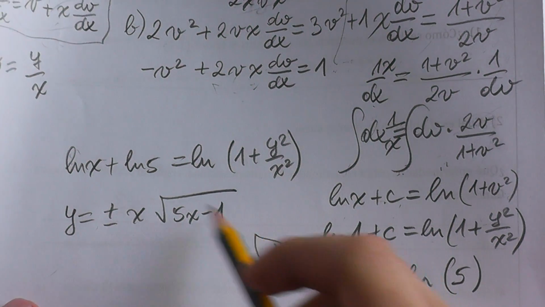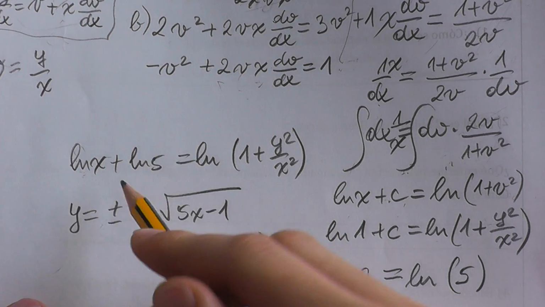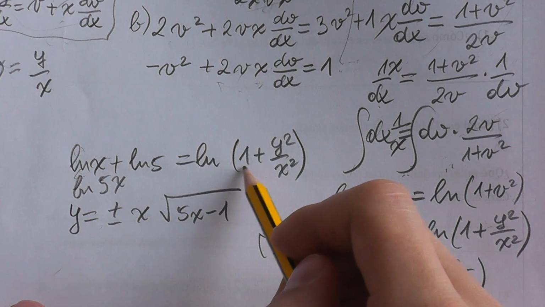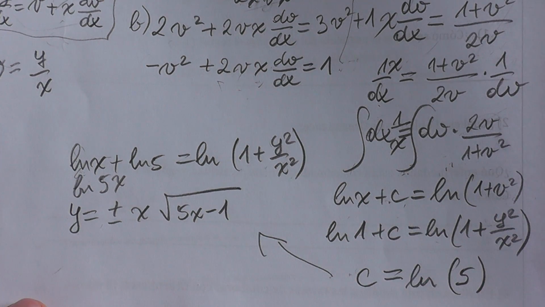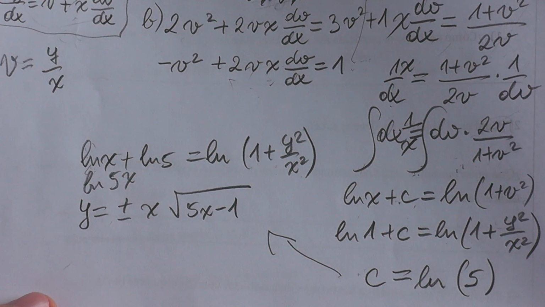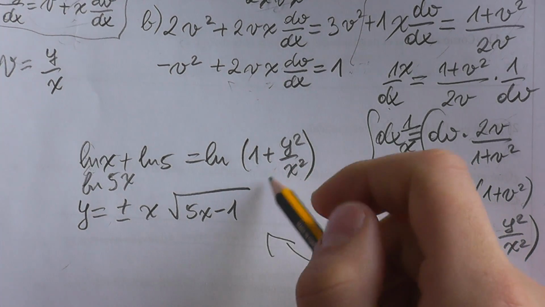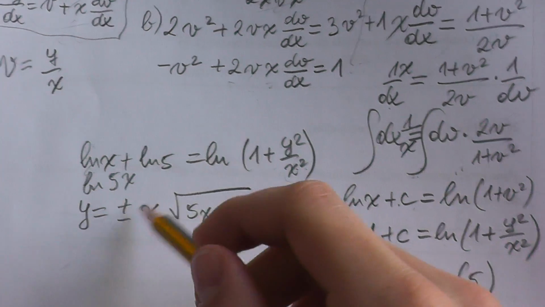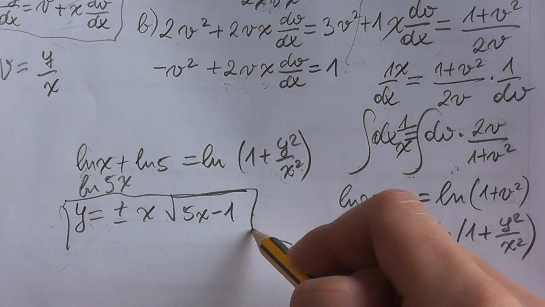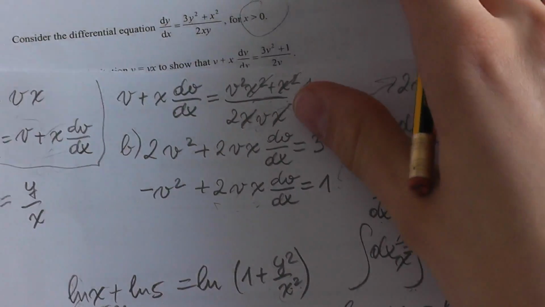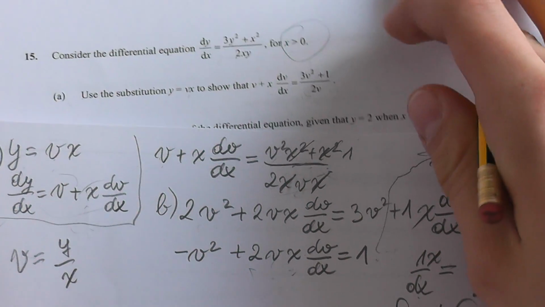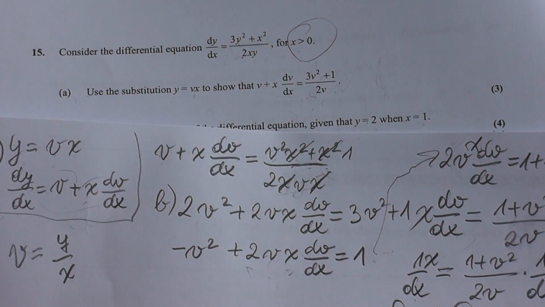All you have to do is say that this is equal to ln of 5x, and this is equal to ln of 1 plus y squared over x squared. When you work left, work right, and take the square root, you will get square root of x squared and then square root of 5x minus 1. So this is your answer. This is what the differential equation looks like. When you take the derivative of this, you would get this up here. That's your answer, right here.